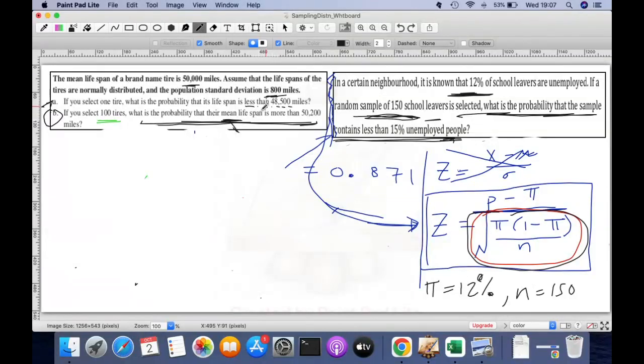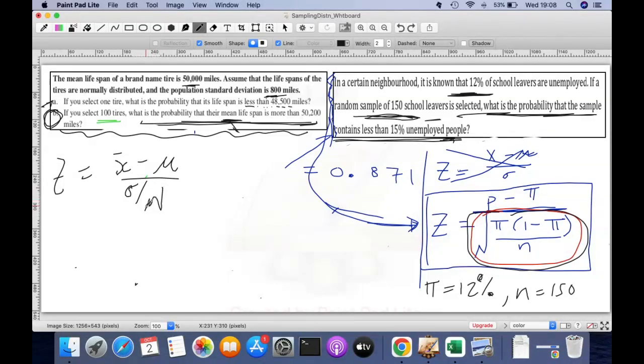This was the question, and especially for part B, the sample mean, your Z formula is Z equals X bar minus mu all over sigma over square root n.